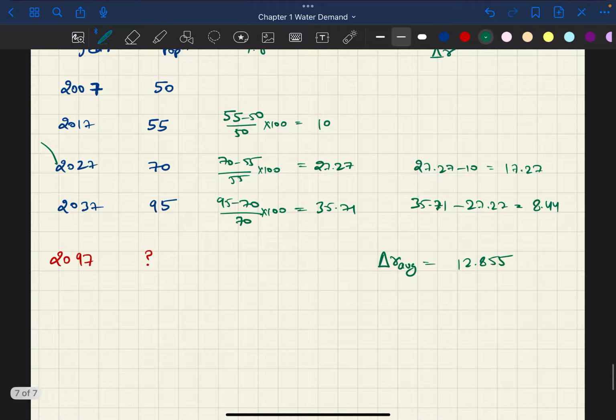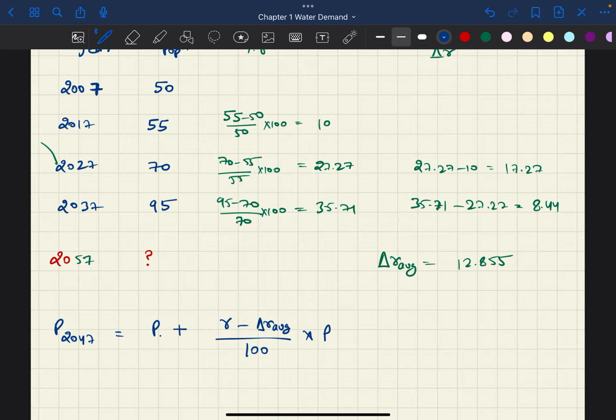Okay, actually this is going to be a very large solution, so we will just calculate 2057. So first we have to calculate population in 2047, which will be equal to r minus delta r average divided by 100 into the last known population, that is population 2037.